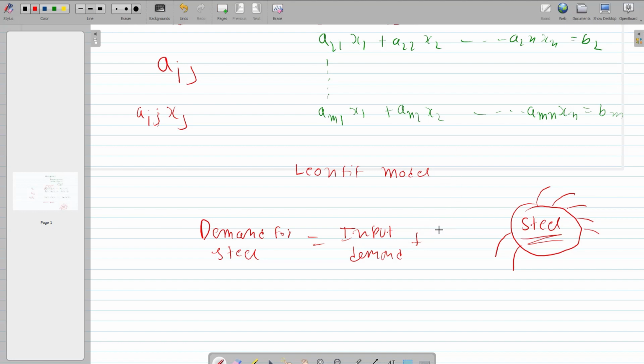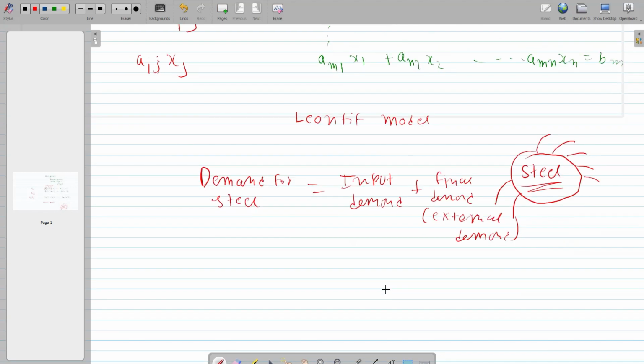Plus there is something called final demand, which we also call external demand. The sum of these will give you the total demand for that particular product in your economy. So these kinds of relationships were explained by this Leontief model, the input and output relationships.